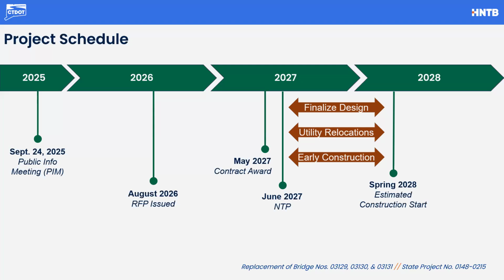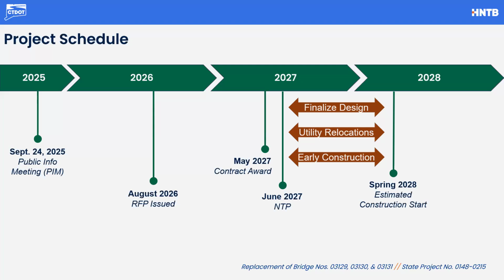Then there's contract award in May of 2027, and the notice to proceed to the selected team in June of 2027. Spring 2028 is when we estimate full construction activities would begin.